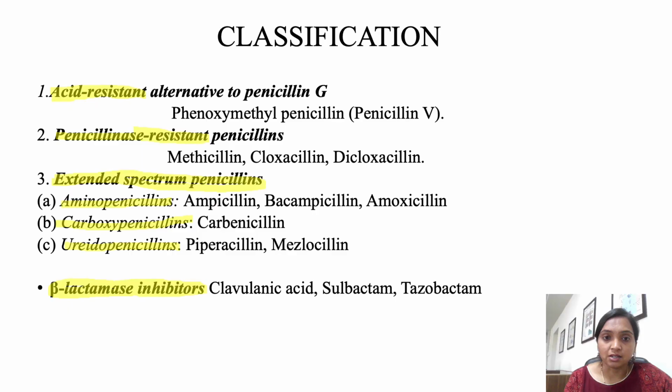Beta lactamase is an enzyme which will open up the beta lactam ring, right? Some bacteria will produce the beta lactamase enzyme, so that the penicillin will become inactive. So clavulanic acid, sulbactam and tazobactam are beta lactamase inhibitors, so if those organisms produce that enzyme, it will be inhibited by this group of antibiotics.